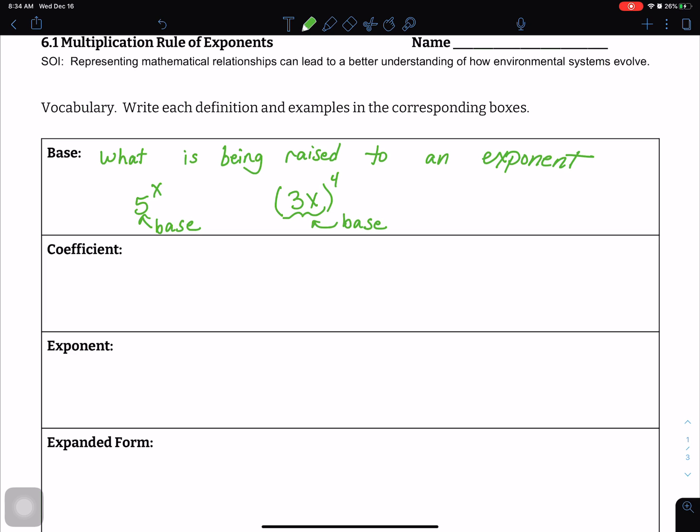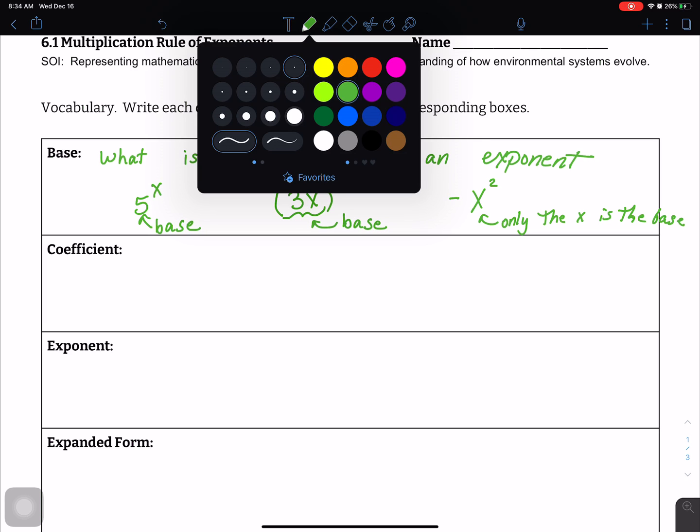And it's important that we realize, for example, if I have negative x squared, only the x is my base. It's what's directly in front of that exponent, and whatever else is in front was going to be our next word. But if we wanted that negative included, we would have to use parentheses.